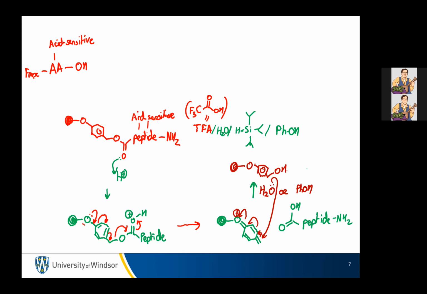But now you've cleaved off your peptide, and your peptide has a carboxylic acid end on it. So we have an amine and we have a carboxylic acid. We basically regenerated our peptide exactly how we wanted it. So Wang resin, we cleave with TFA, we deprotect all the side groups, we get our product.